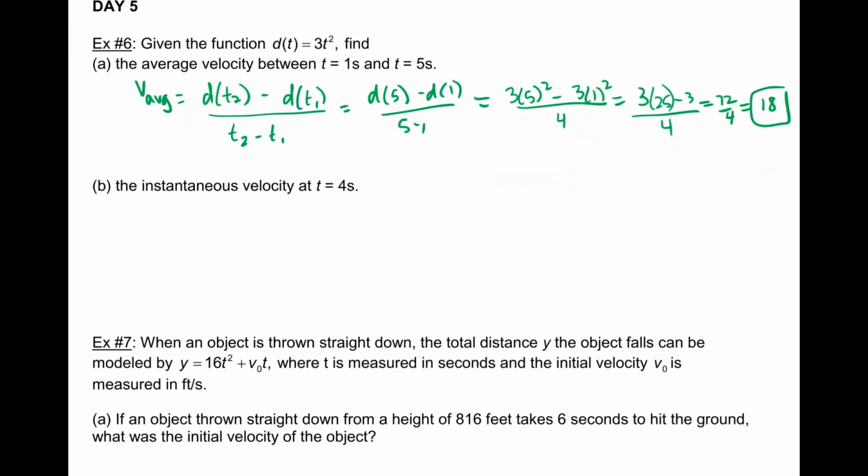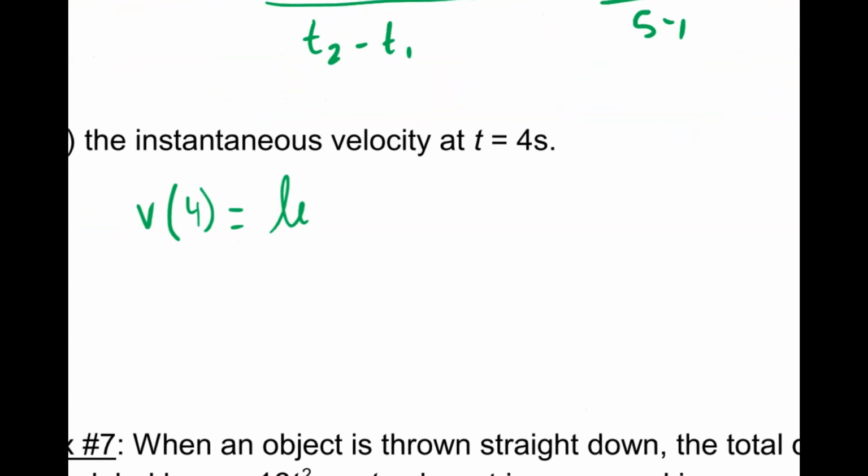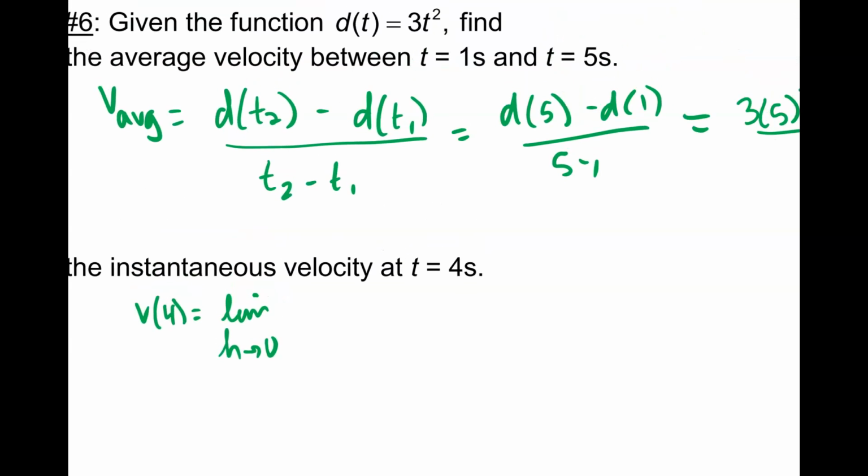So to find the instantaneous, we say V of t, so let's do V of 4. Let me zoom in a little bit. V of 4 is going to be equal to the limit as h approaches 0 of f of 4 plus h minus f of 4 all over h.